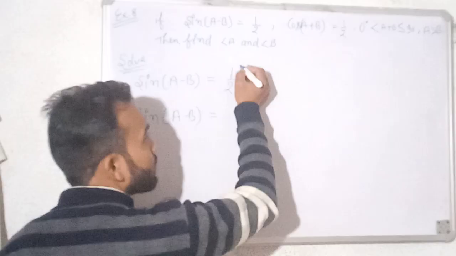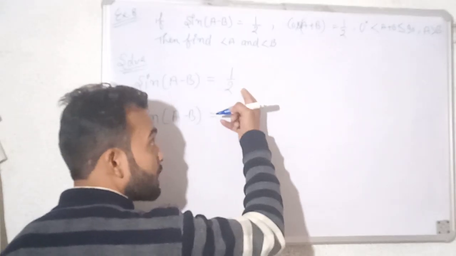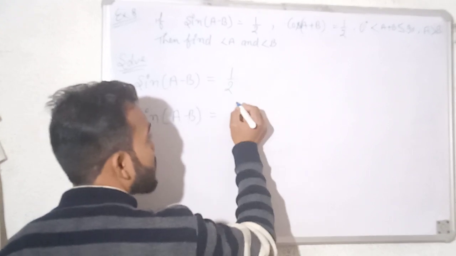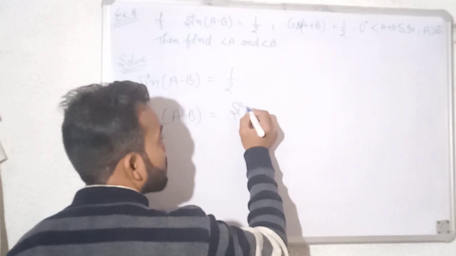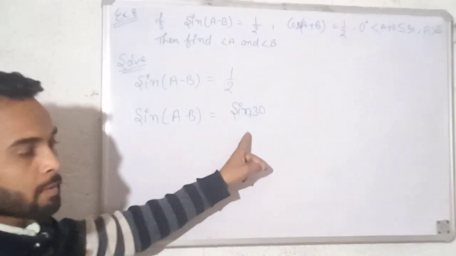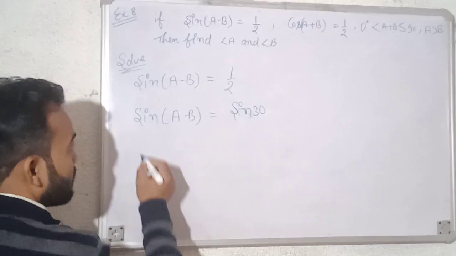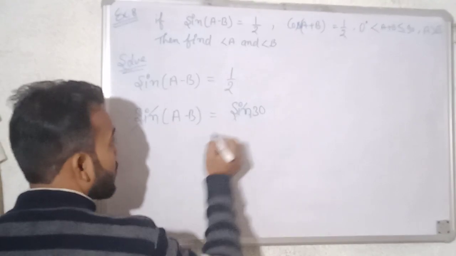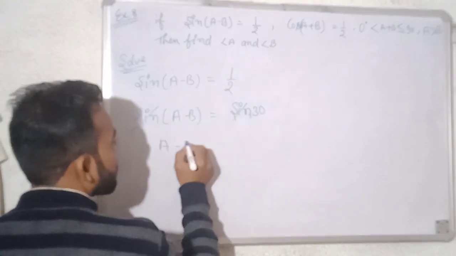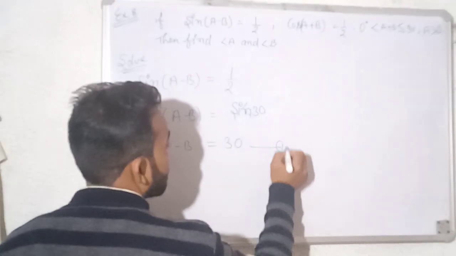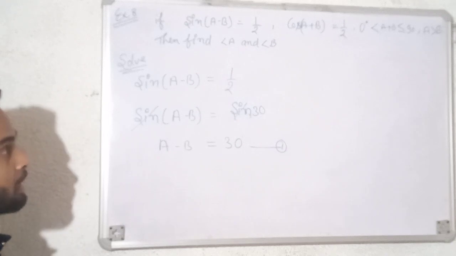Clear? 1 by 2 is equal to sin 30 degree, so we can replace this value with sin 30 degree. The sin will be transferred from left side to right and cancel out, and we get A minus B is equal to 30 degree. This is equation first. Clear?